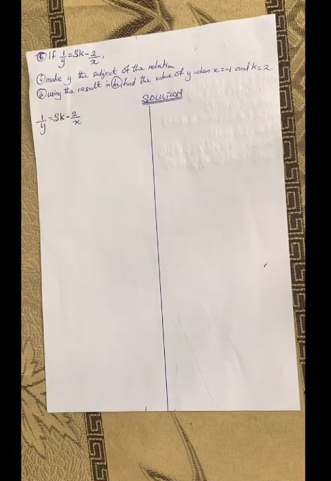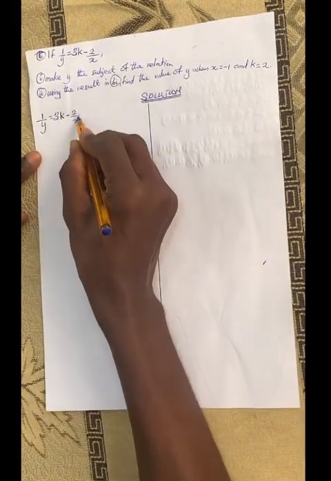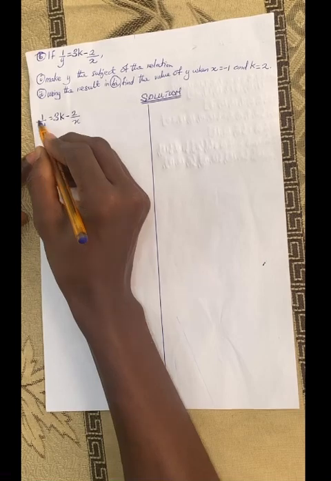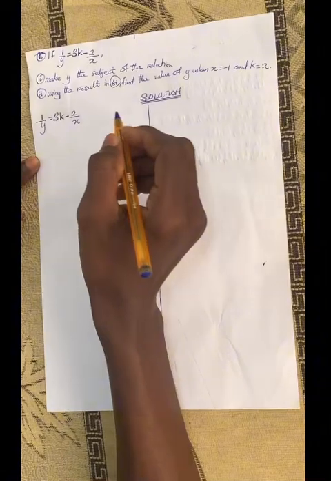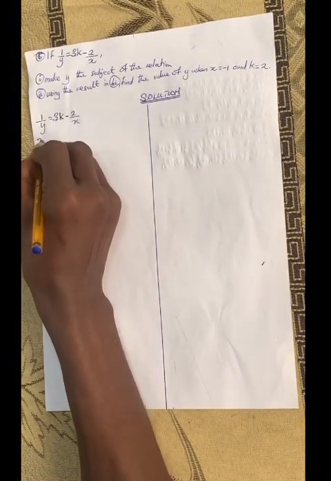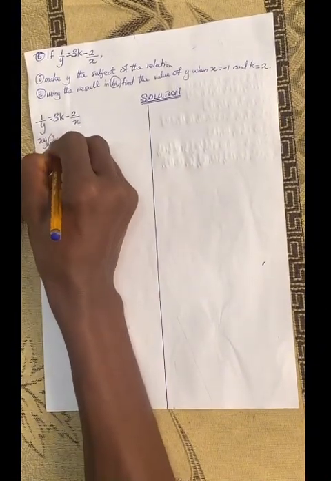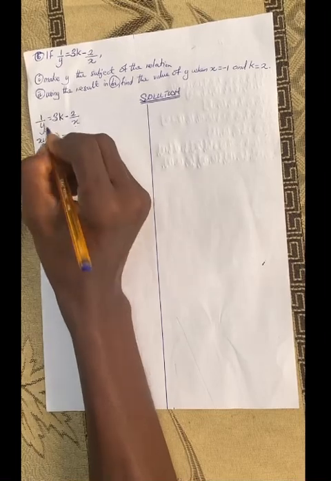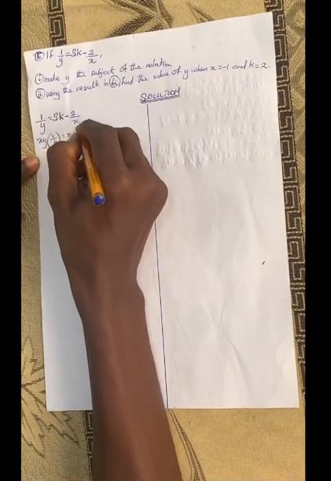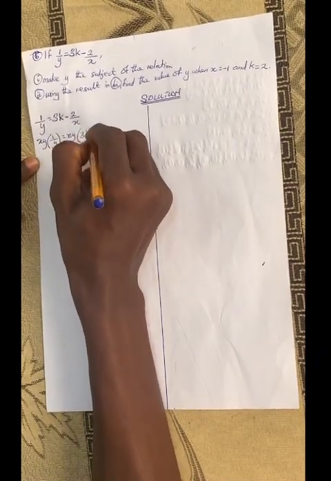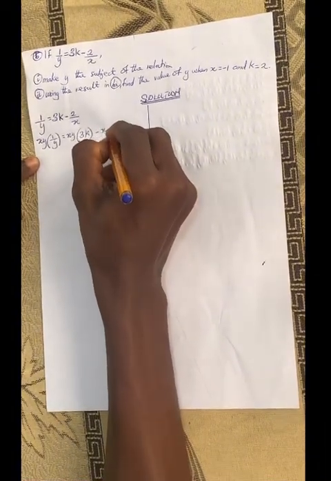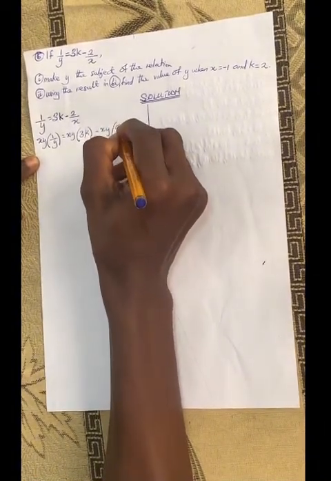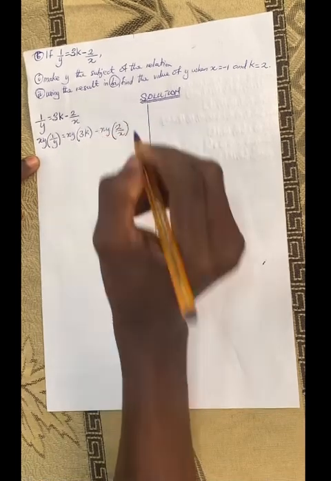I hope you understand. So what I mean is you take this x, multiply by this y, you are going to get xy. So we are going to multiply every single term here with the xy. So we are having xy multiplying 1 over y is equal to xy multiplying 3k minus xy multiplying 2 over x.